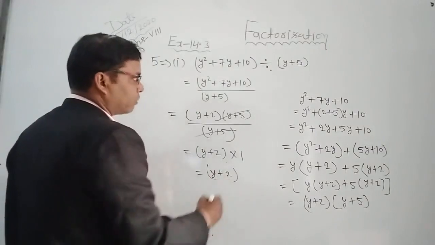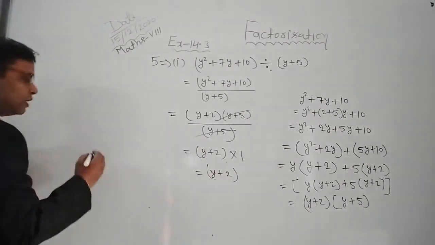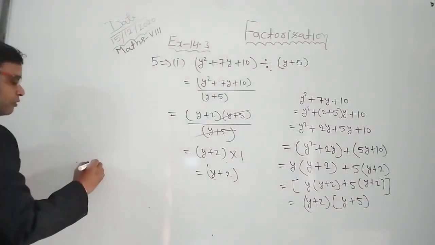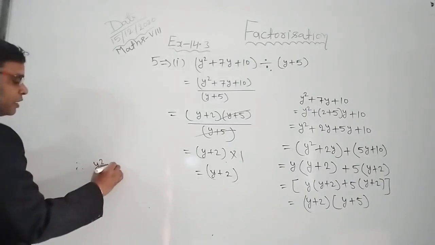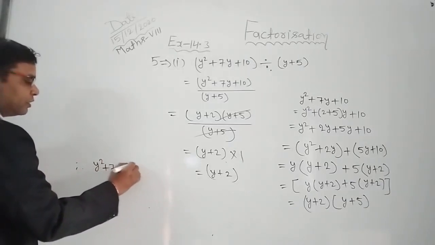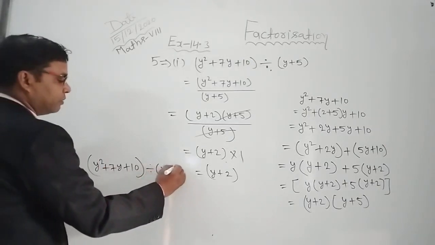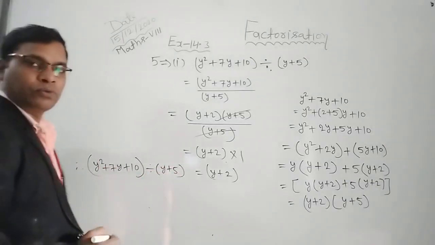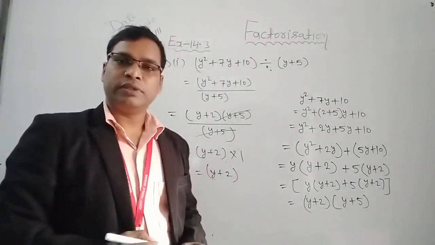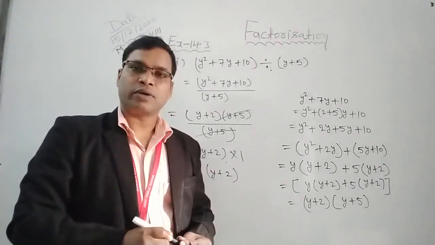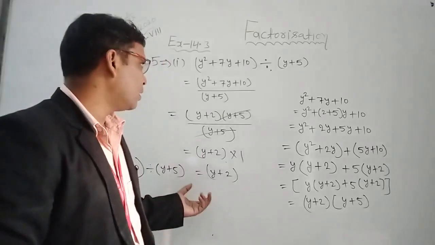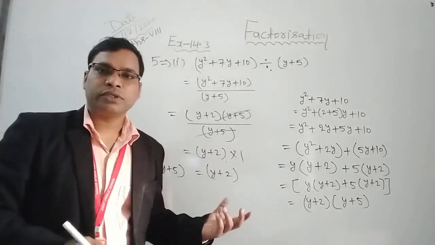This is our quotient. Therefore, if you divide y square plus 7y plus 10 by y plus 5, we get y plus 2. Is this clear? I hope all of you understood this part.